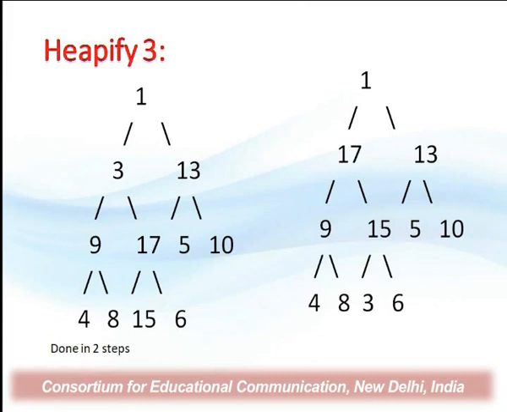Firstly, a swapping of 3 and 17, and then a swapping of 3 and 15, and the final tree after this step will have the correct heap property. So that's what I was saying: as we move up, in order to heapify a node at level i plus 1, there is a real possibility that we are going to disturb the lower levels.